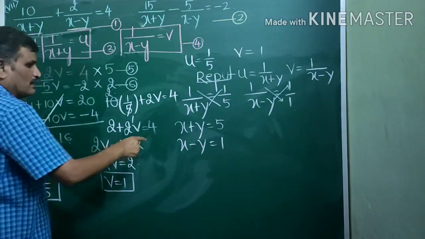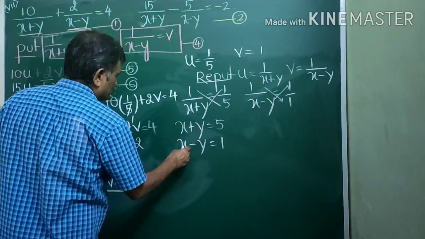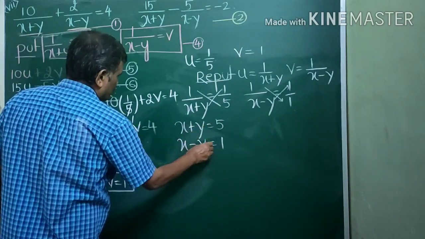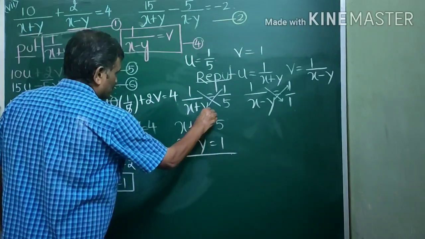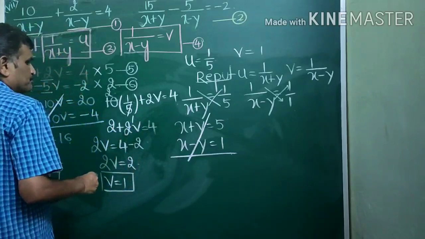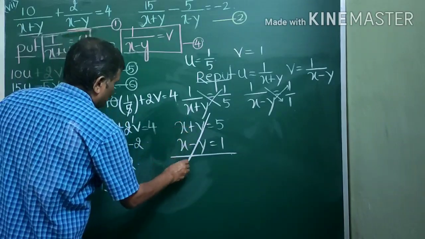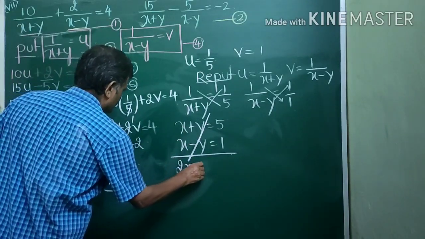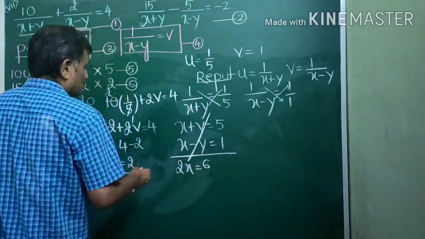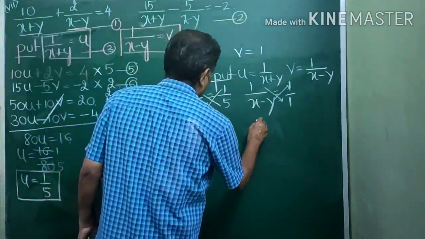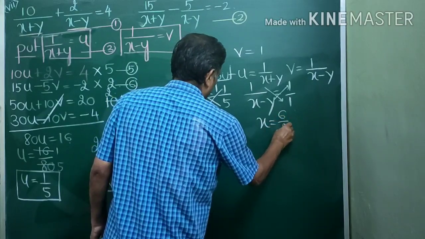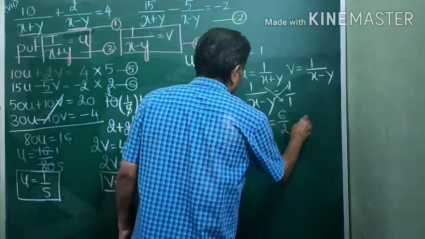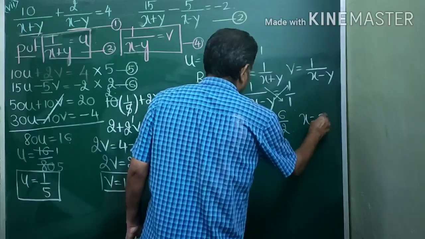Here also I am getting linear equation in two variables, but it is in terms of x and y. So what I will do is, again let me use the elimination method. This cancels here, and so what I get is 2x is equal to 6. So if 2x is equal to 6, children, naturally x is equal to 6 divided by 2. That means x is equal to 3.